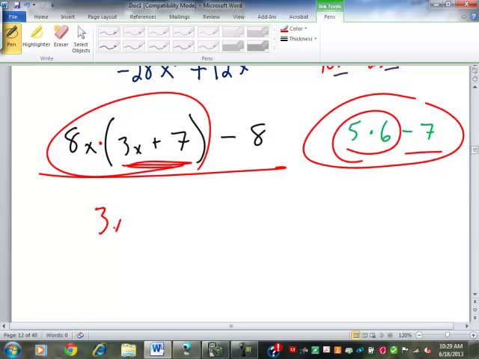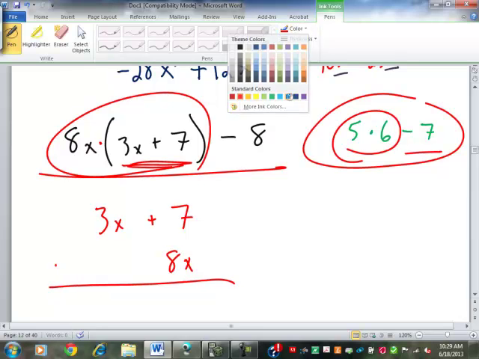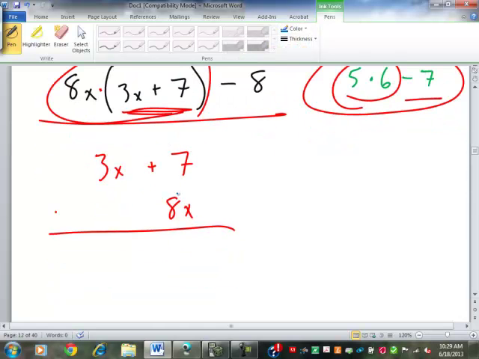So this is 3x plus 7 times 8x. So now 8x times 7 is 56x. 8x times 3x, 24x to the power of 2, or x squared. Now I can't forget, I still have a subtracting 8 over here.